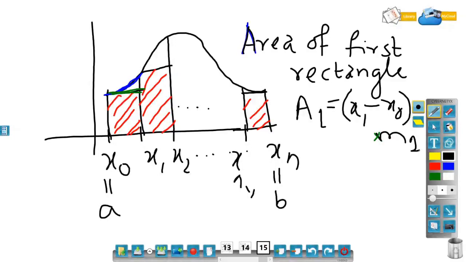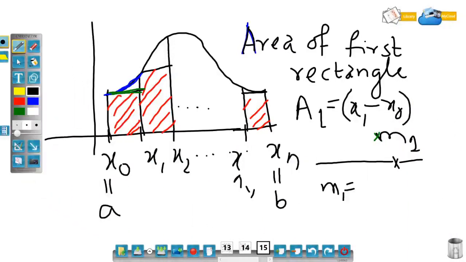So now I will say into m1. And now what is m1? Where m1 is the infimum of my function f(x), such that x belongs to [x0, x1].